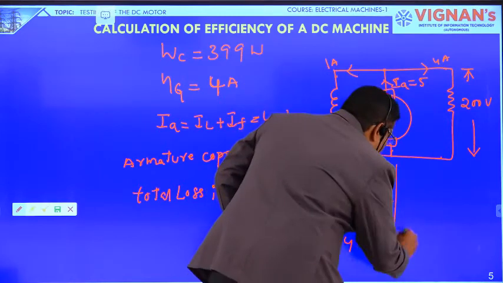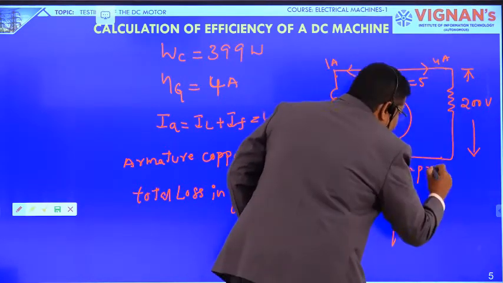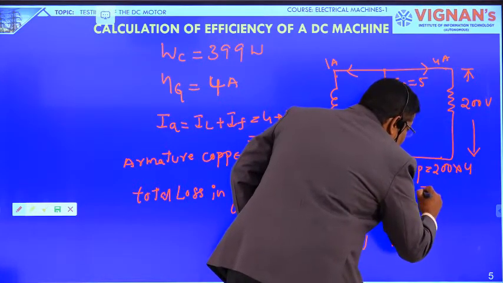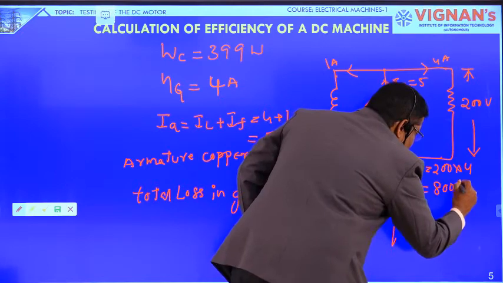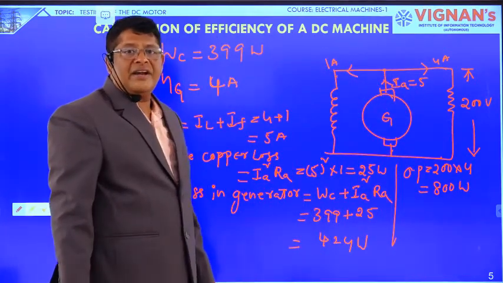Now the output power is equal to this voltage into this current, nothing but 200 into 4, and we are getting 800 watts.